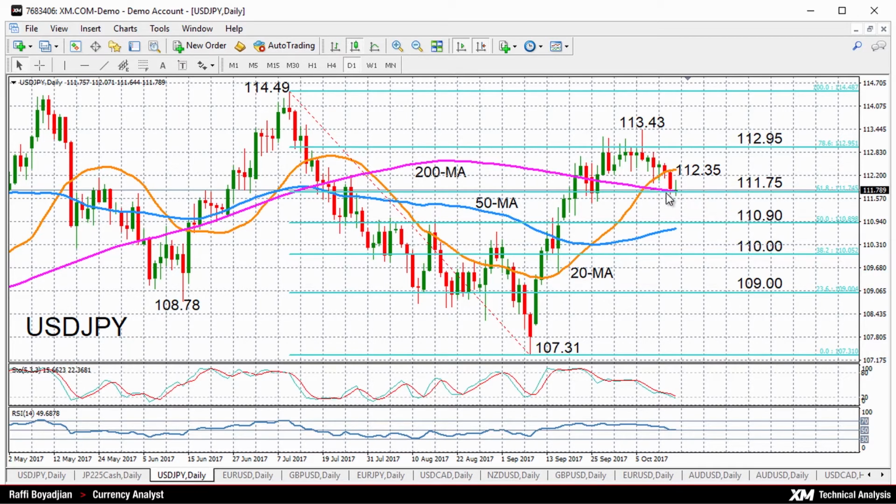At the moment, though, we are seeing strong support coming from the 61.8% Fibonacci at around the 111.75 level. Further downside would see support coming from the 50% Fibonacci at 110.90, followed by the 38.2% at the 110 level.